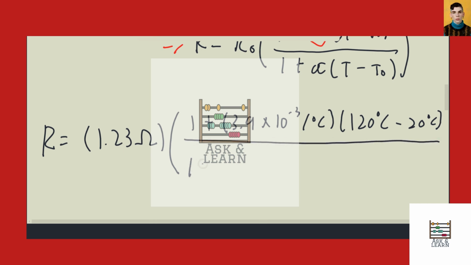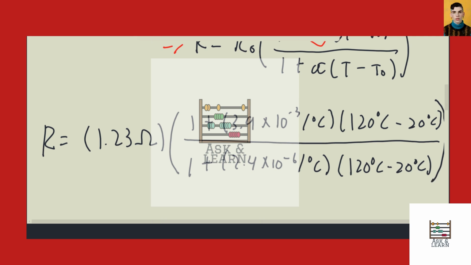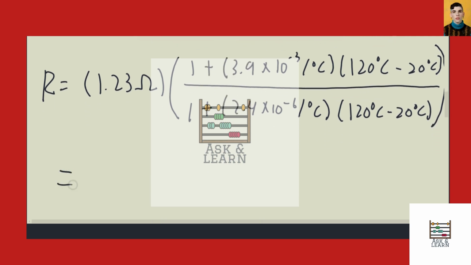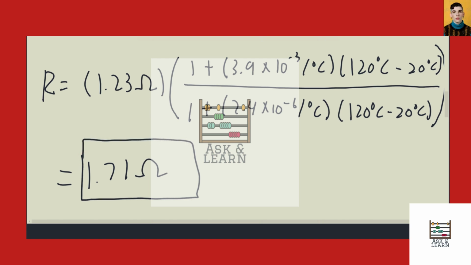And then divided by 1 plus alpha, multiplied by 100 degrees Celsius minus 20 degrees Celsius. And then doing the calculations, we'll get a resistance of 1.71 ohms at 120 degrees Celsius.